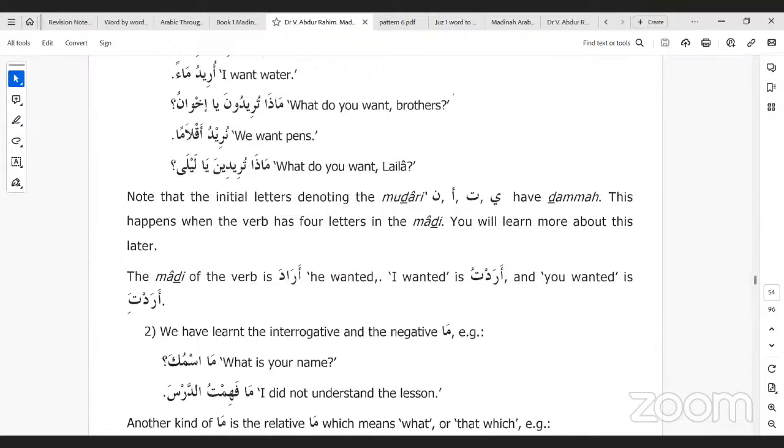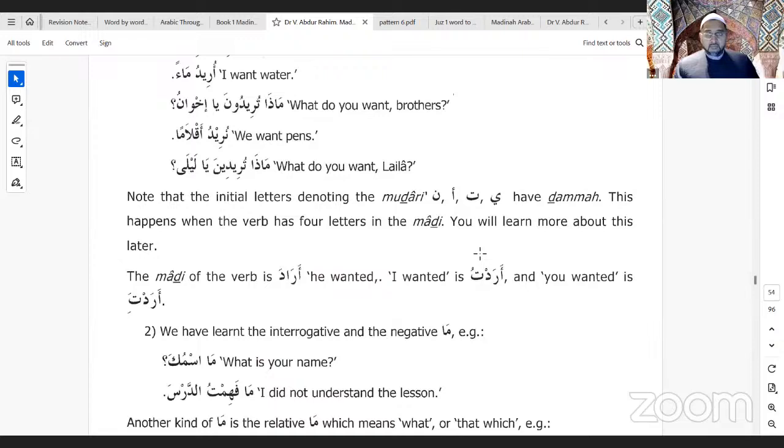So he wanted arada, aradat, she wanted, aradata, huma, aradata. Right. And then the alif between the ra and the dal is removed.